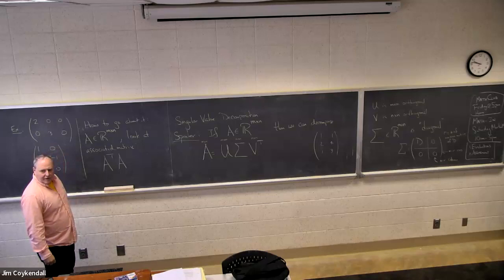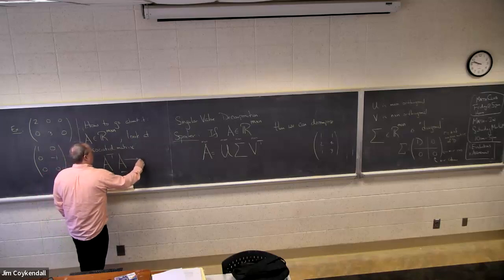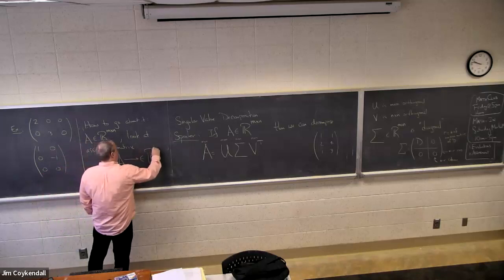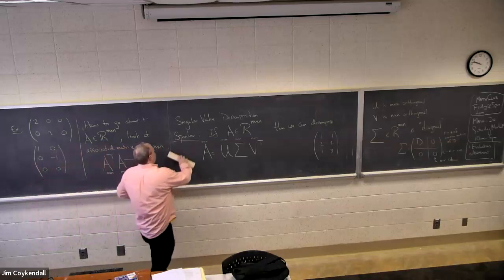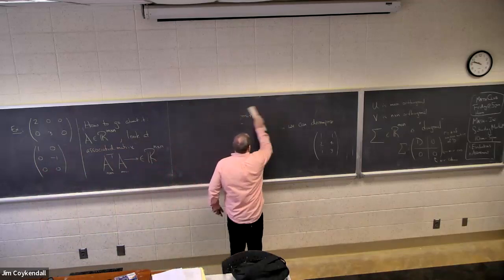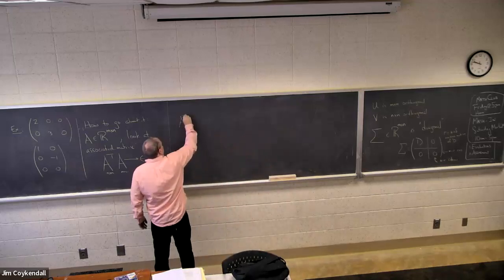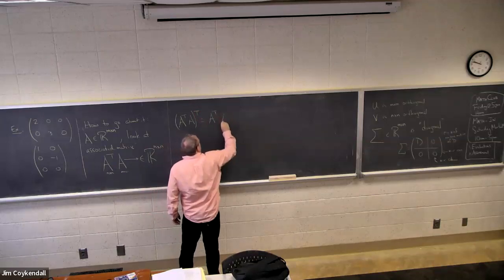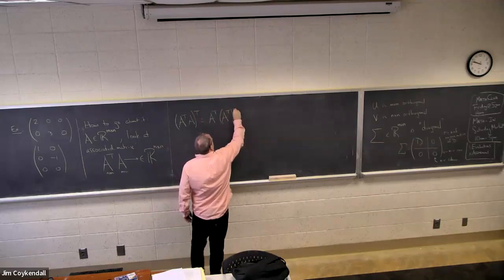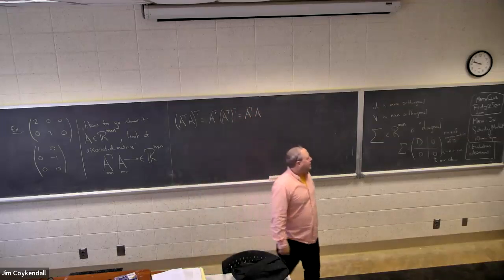What do I know about this matrix? Well, this one is n by m, and this is m by n, so the product is n by n, and it's symmetric.